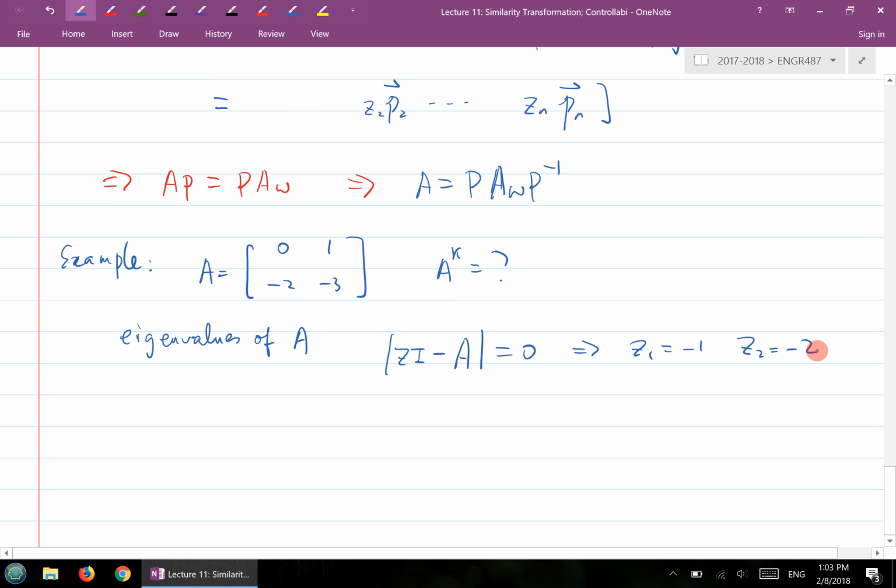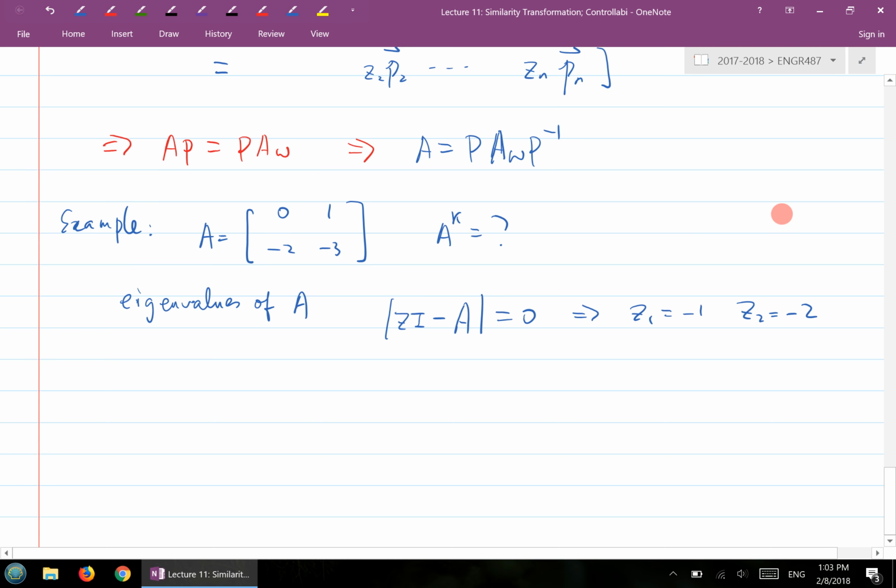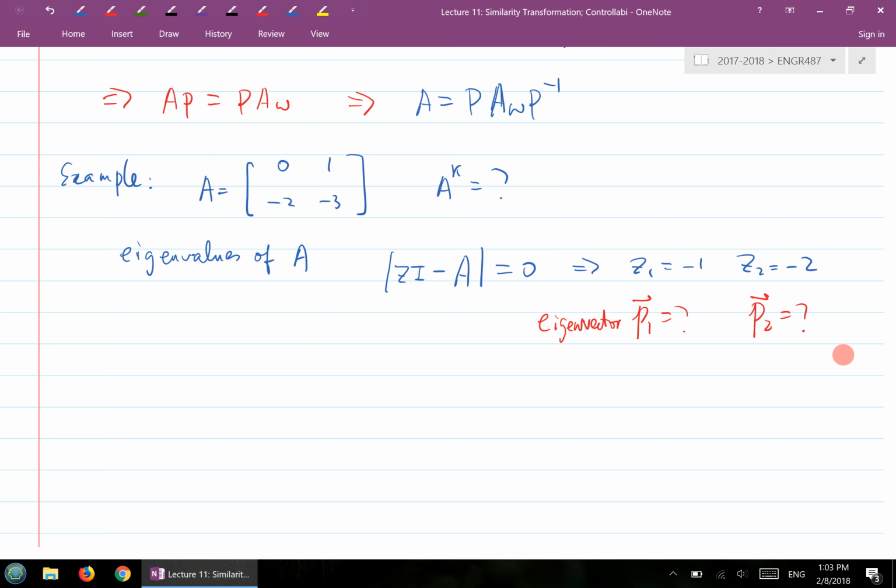Then the next step is to find the eigenvector associated with Z1, and the eigenvector associated with Z2. Once we find the two eigenvectors, we can construct the similarity transformation matrix P.